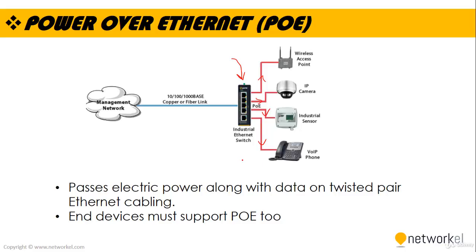If this switch is supporting PoE and also this VoIP phone, sensor, IP camera, and access point are supporting the PoE feature too, we don't need an extra power cable, we don't need an extra power adapter, we don't need anything else. We can provide the power of these devices by using the twisted pair copper cables.